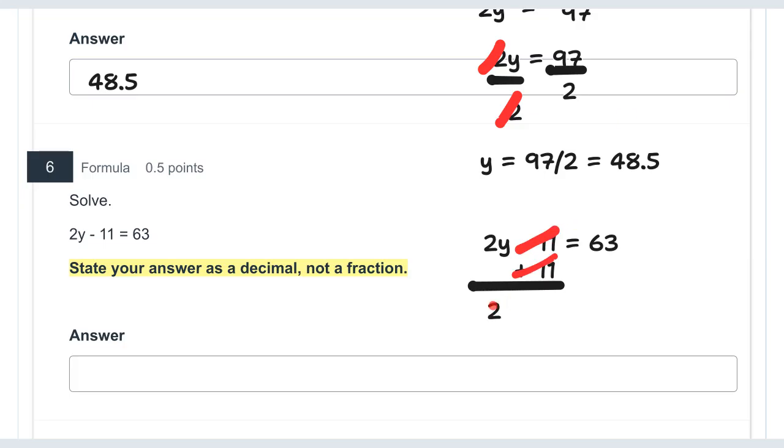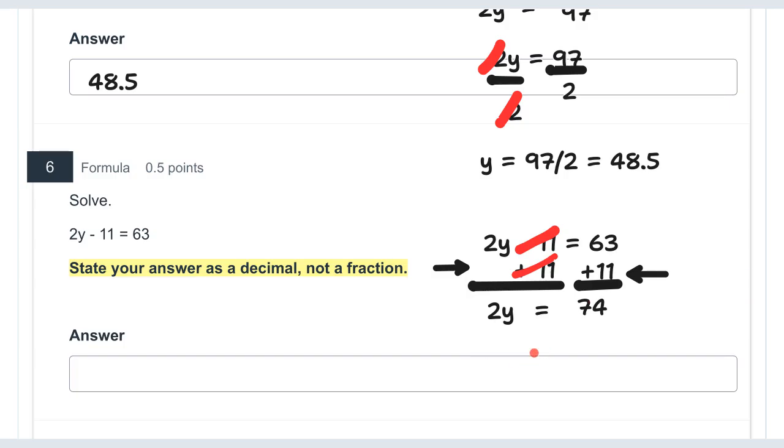That'll leave me with 2y on this side. But since I added 11 to the left side, I then have to add 11 to the right side. 63 plus 11 is 74. And since I did the same thing to both sides of the equation, I can put the equal sign in here.